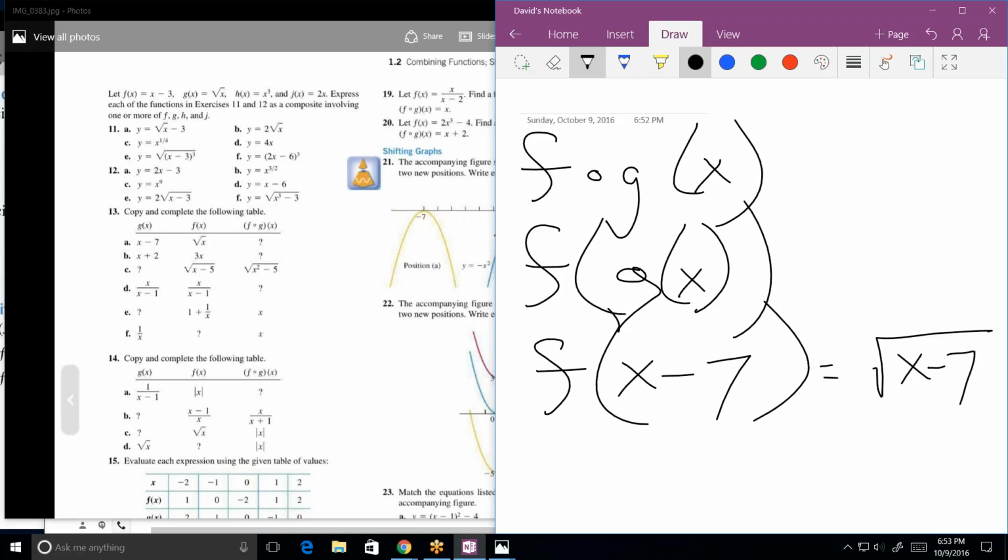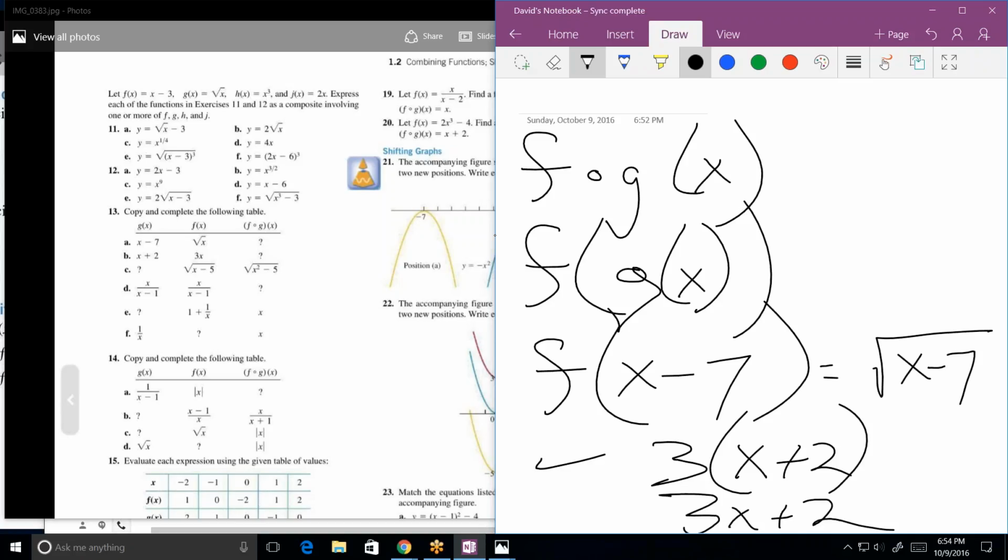In other words, you don't want to give the answer as this, which is what you did. But because I can simplify that, I can turn that into 3x plus 6, I should do it. Either one of them probably is correct. I don't think you'd maybe even lose points if you put that answer down there. What you would lose points on is if you put it this way, 3x plus 2 without the parentheses. That's not correct.